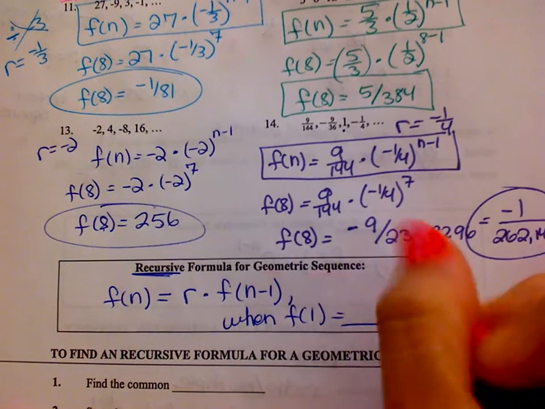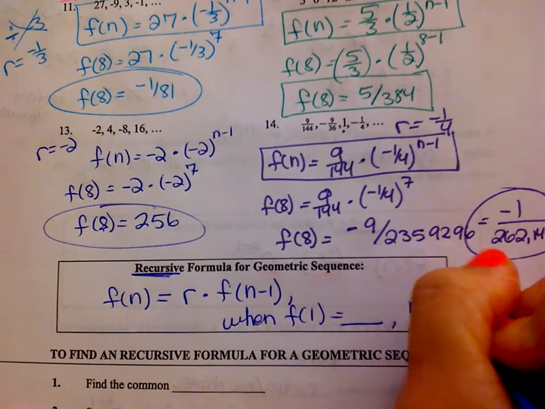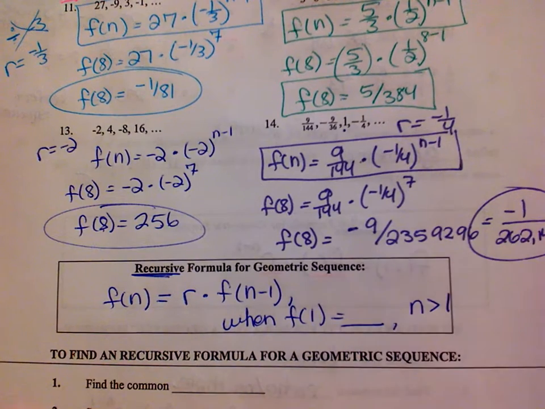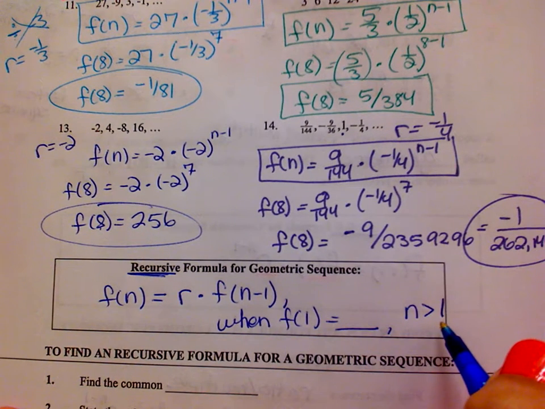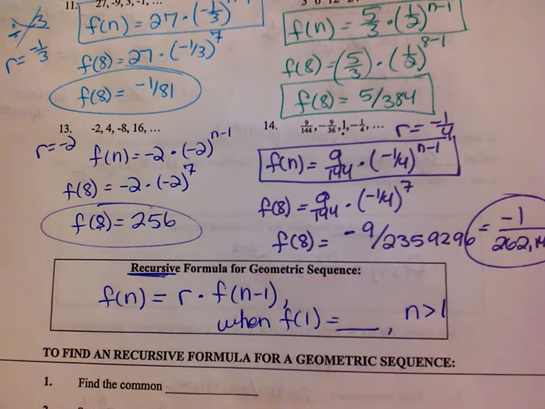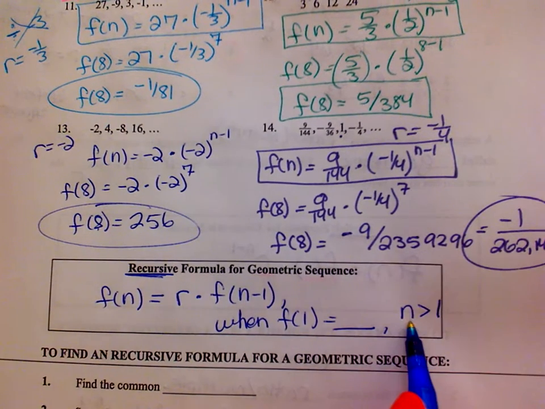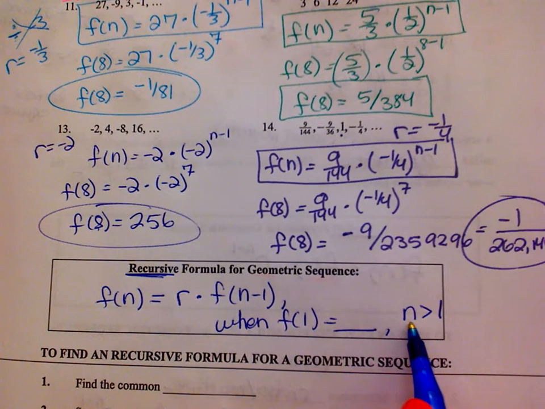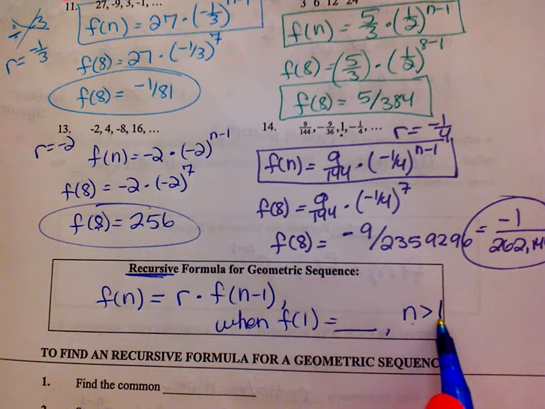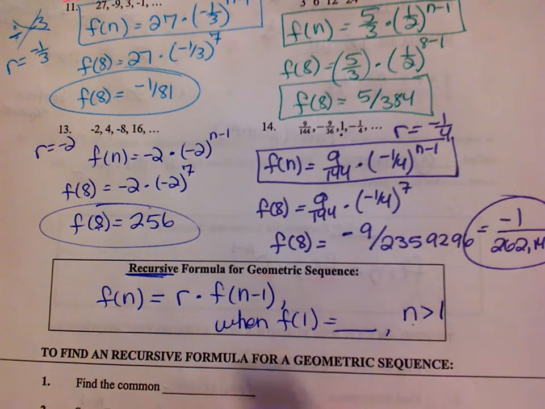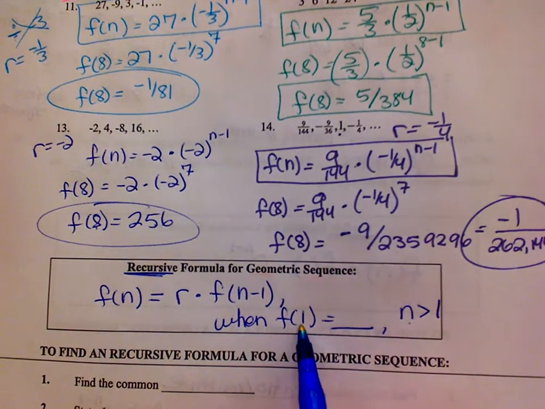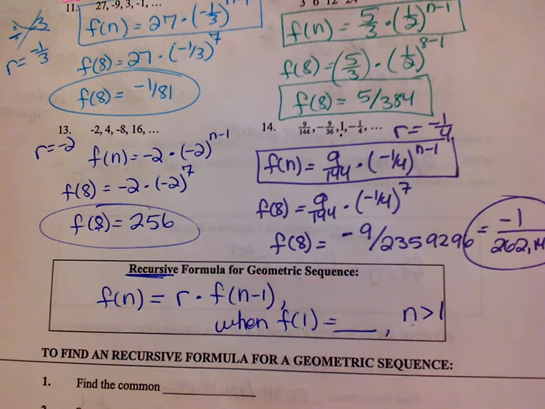And just a heads up, a lot of times you're going to see n is greater than 1. I don't know why we decided we had to write this in geometric. You can't go backwards. Remember, n is your term number, so this only works for finding the next couple of terms. Like you know the first, and then you have to go forward.